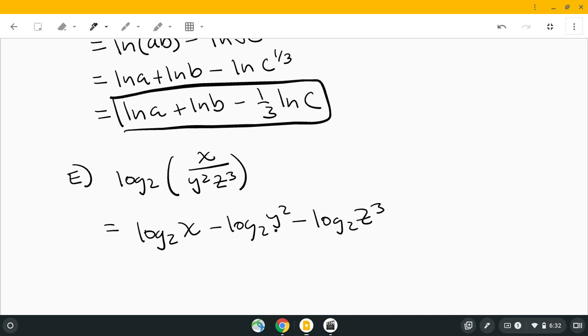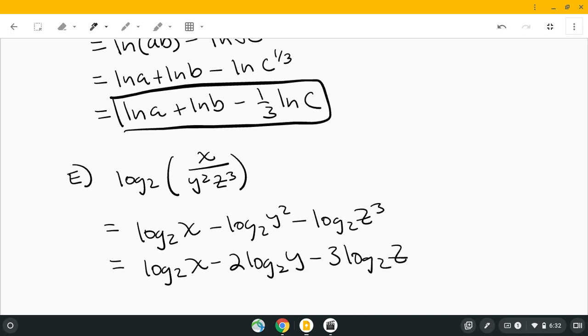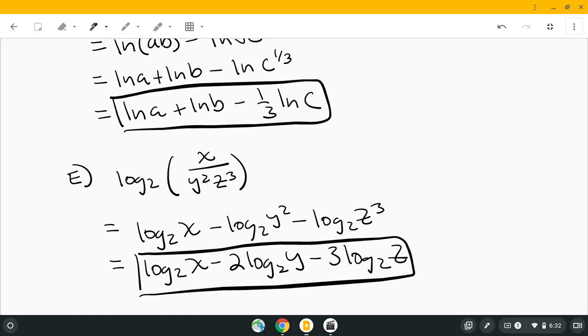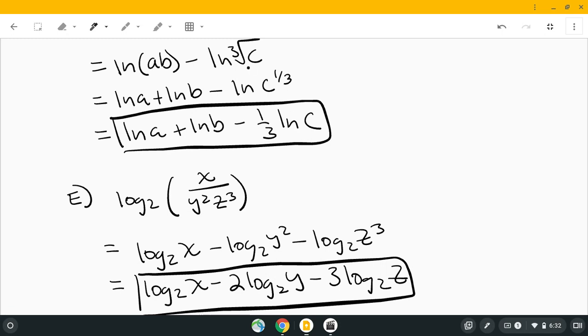So all the quotients will be negative. And then we'll bring down the exponents. So log base 2 x minus 2 log 2 y minus 3 log 2 z. So that's just something to keep in mind. Like right here, make sure that if you have any radicals that you rewrite them in exponential form.